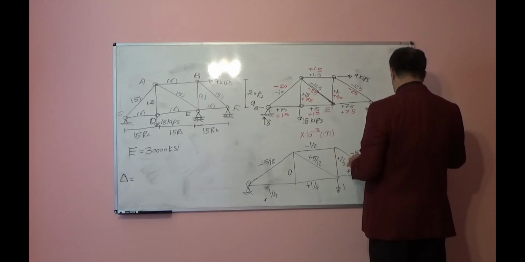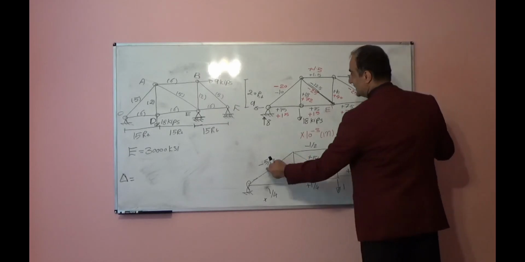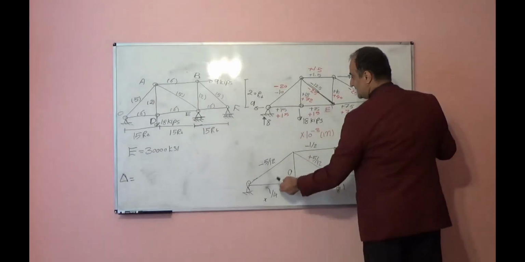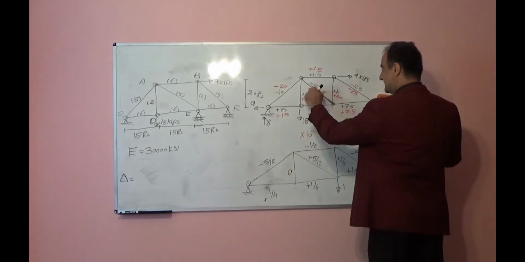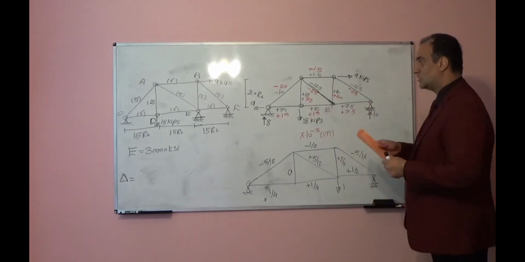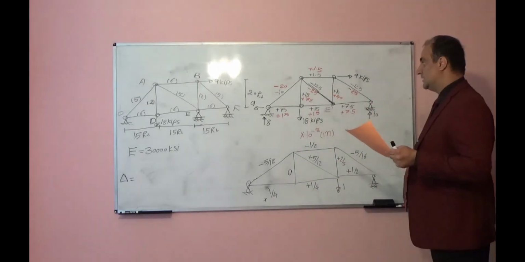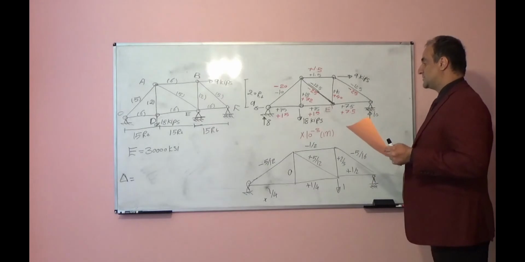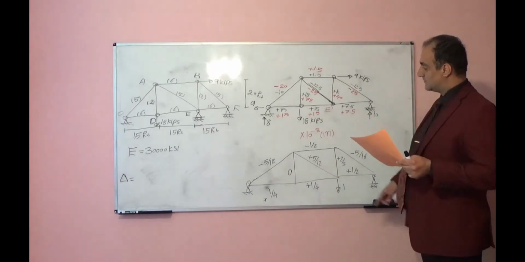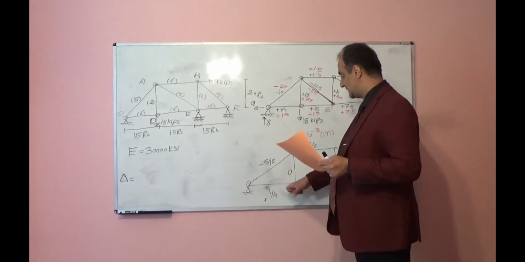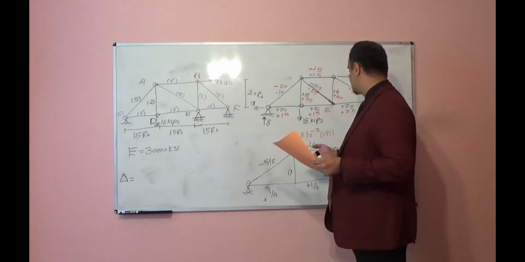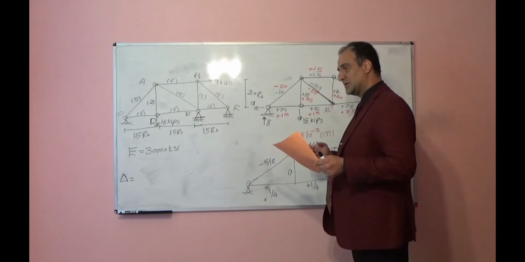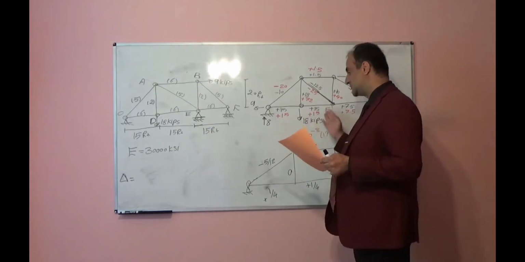For example negative, negative, positive, positive, positive, positive, positive, negative, negative. So pay attention to the sign convention, and for each member one by one, multiply the black one to the red one, add together, and you will find deflection at point E under real load.